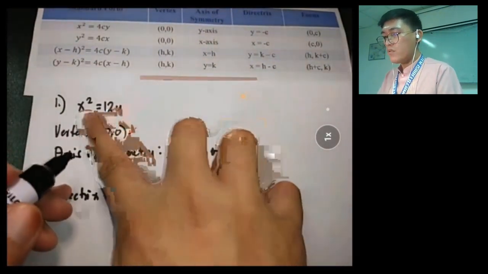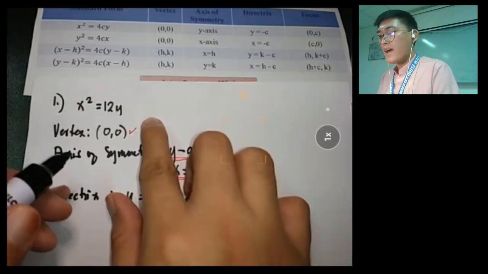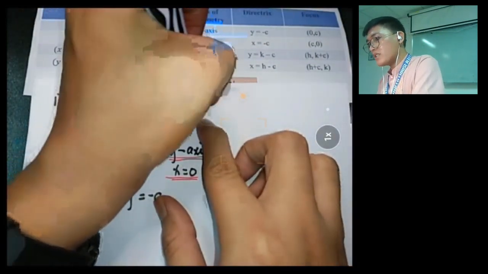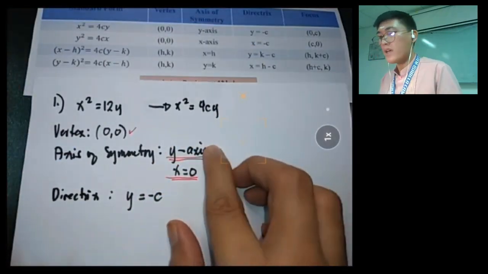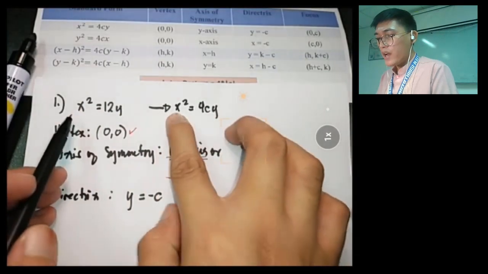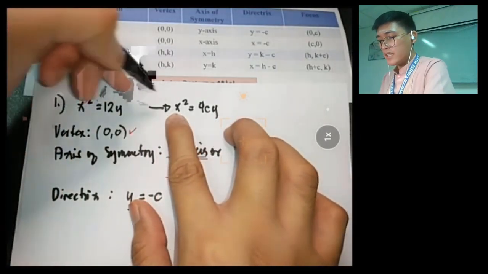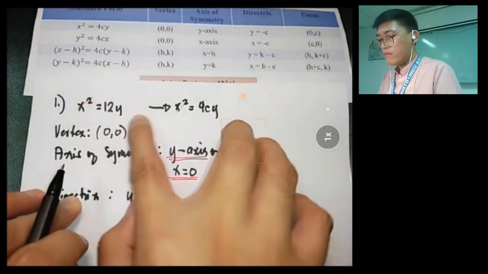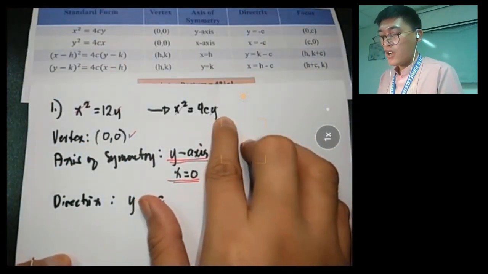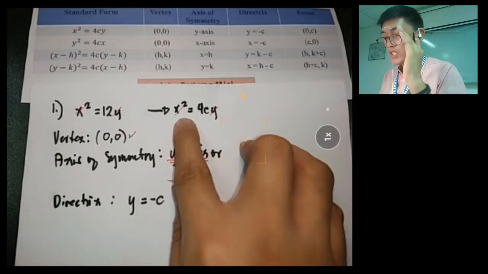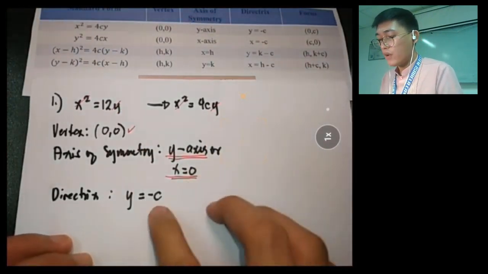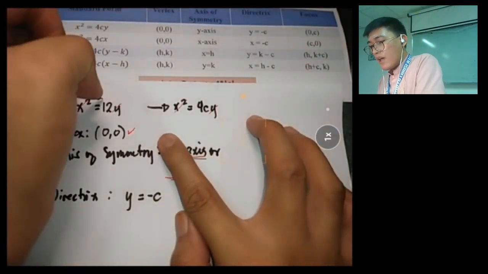Alright, let us review. x squared is equal to 12y came from the form x squared is equal to 4cy. So as you can see, we have x squared and x squared. Let us cancel them. And we have y and y, cancel. I am just explaining here which term we will use to get the value of c.